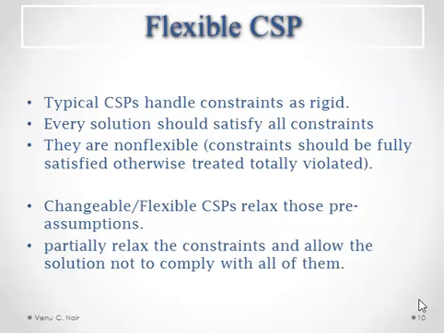So we can have a relaxation on some of the constraints based on some priorities. We have a relaxation partially on the constraints and allow the solution not to comply with all of these constraints. Some of the constraints can be relaxed. Such CSPs are called flexible CSP.